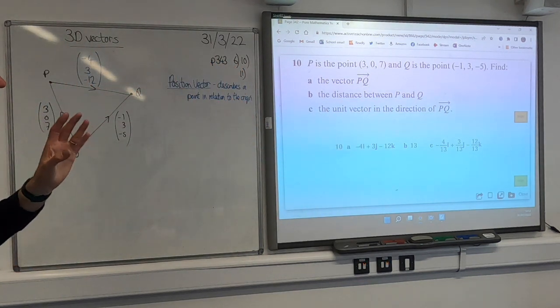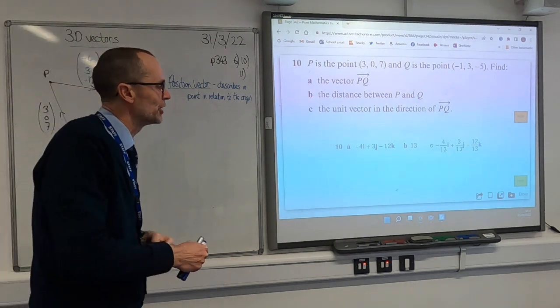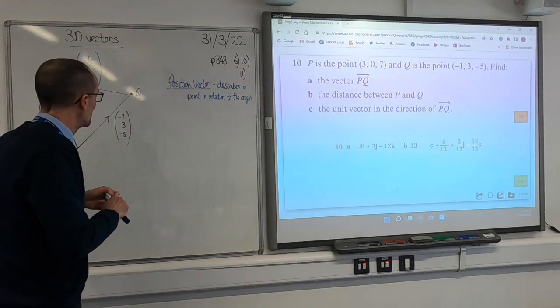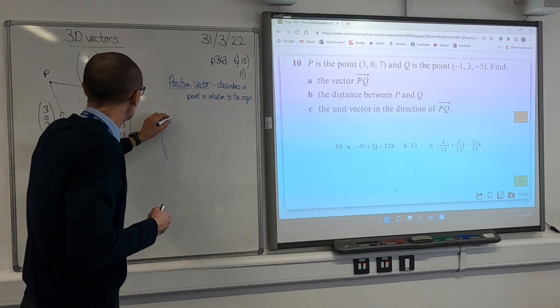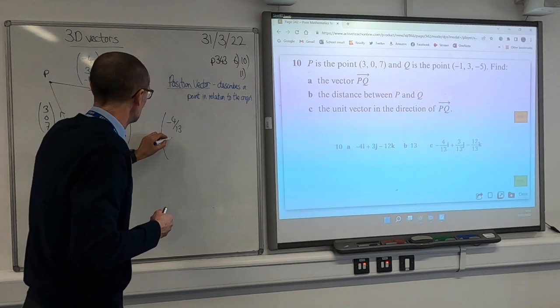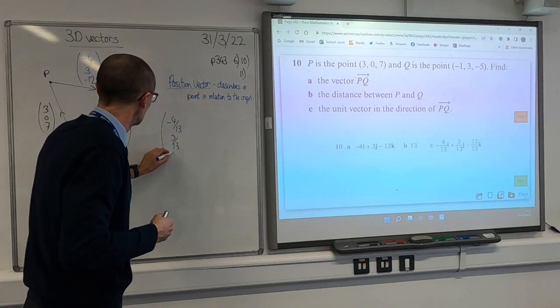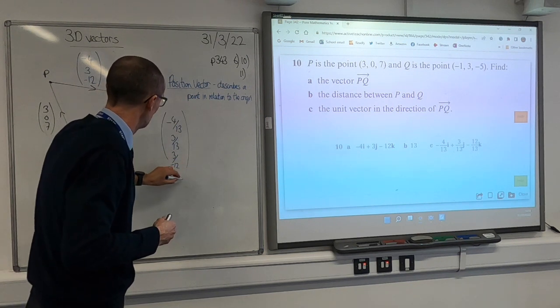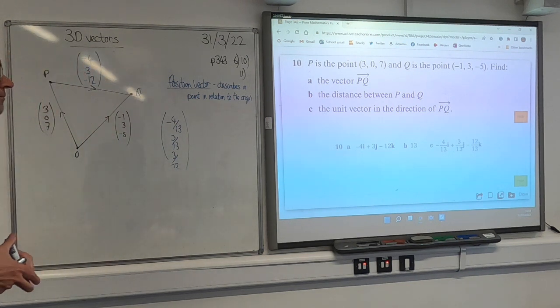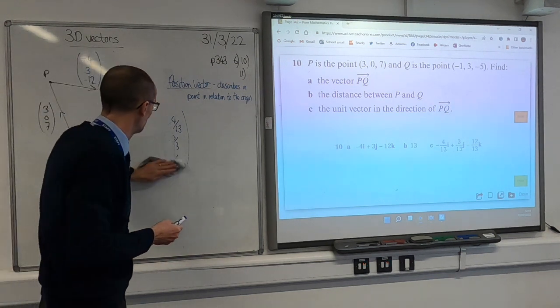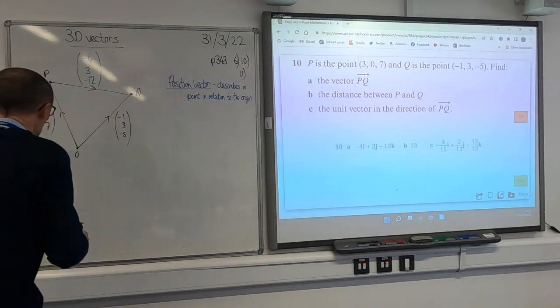So the unit vector in the direction of PQ is just each of these numbers divided by 13, because 13 is the length. And whichever way you choose. I encourage you to finish 11 if you haven't already done so, but I'm afraid that we haven't got time for that now.